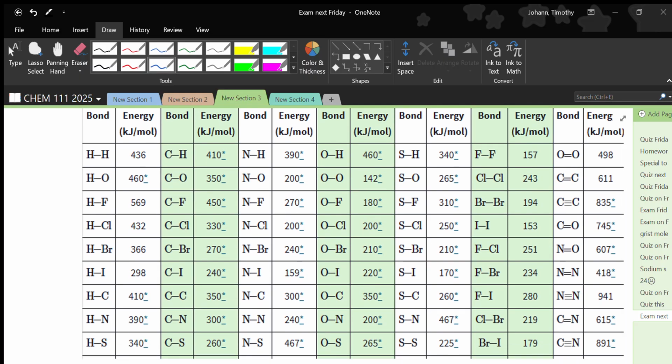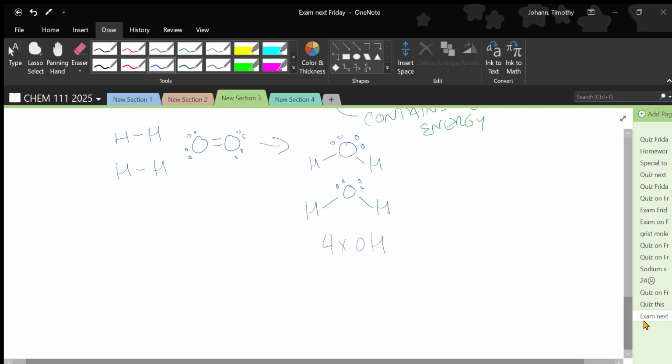An OH bond is worth 460 kilojoules per mole. So this is going to be 460 kilojoules per mole times 4. Or let's just put an arrow there and say 460 kilojoules per mole, because we're about to write this out in an equation.